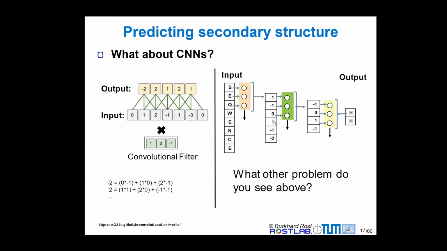So one concept I wanted to show you here is that the more layers you stack, the larger your receptive field will grow. But actually you're right, in fact, if I were to predict secondary structure, I would optimally want to have a secondary structure prediction for each of these elements in here. So if I have a sequence of length 8, in this case, I want to have also an output of length 8. So this should align. I want to have for every single residue a secondary structure prediction.